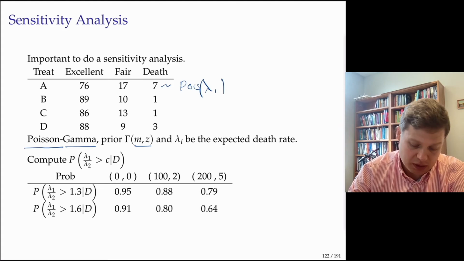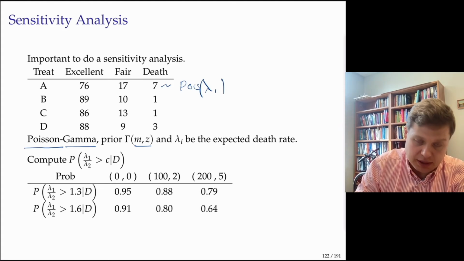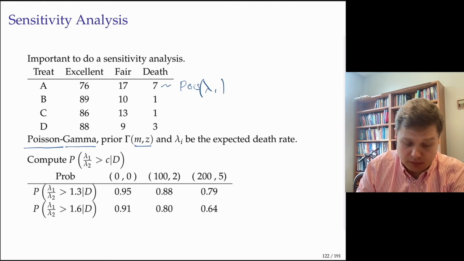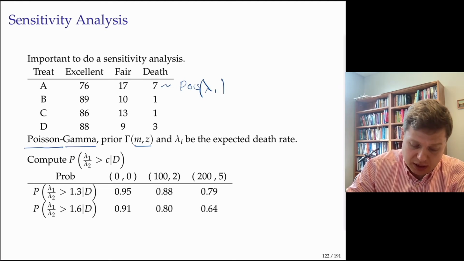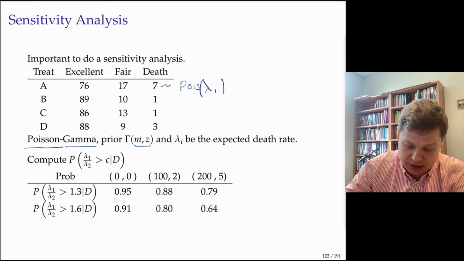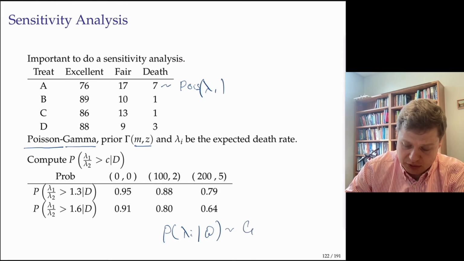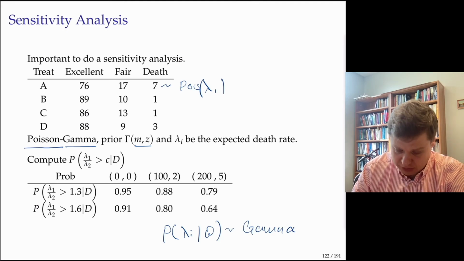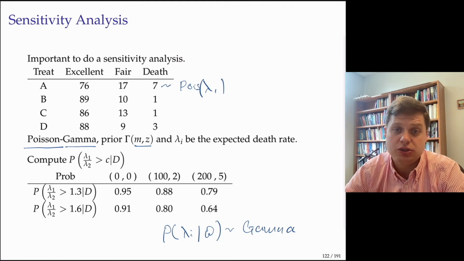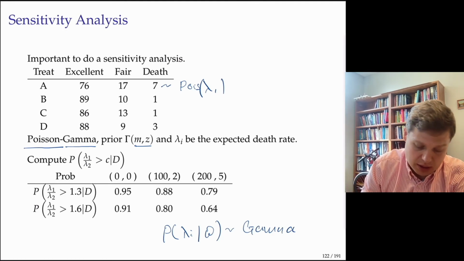Then we can calculate the probability that the ratio of two of the lambdas is greater than 1.3. Again, you remember that the posterior distribution for lambda_i given data is a gamma distribution, and we know how to calculate the parameters of this gamma distribution. So now we can take the ratio of two gamma distributions and calculate the probability of interest to us.